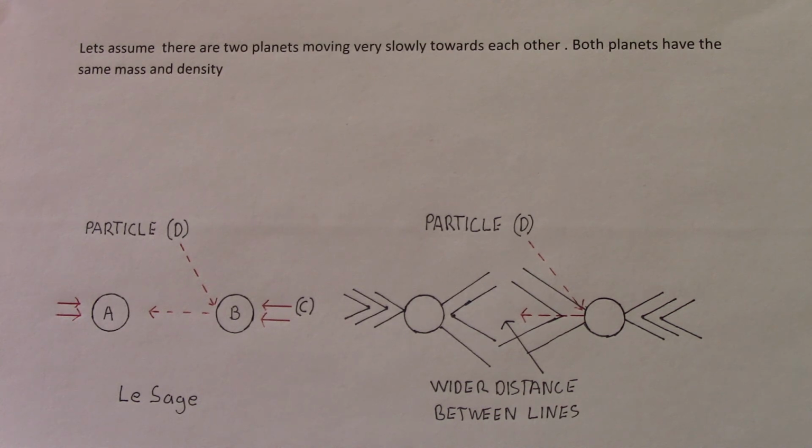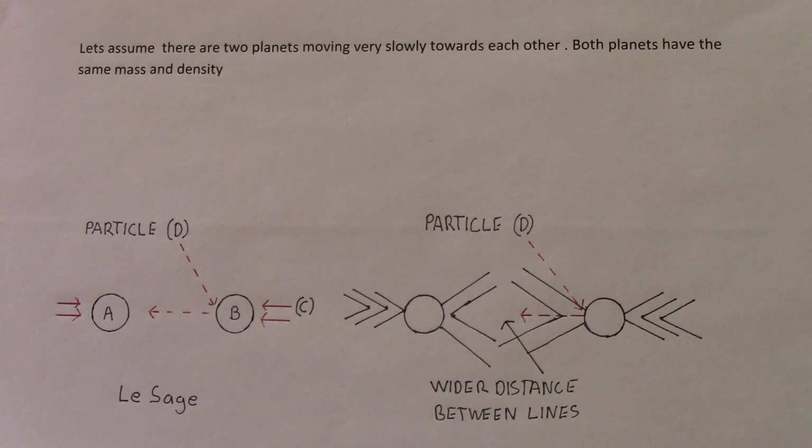Okay, so if we go back to the Lesage model, both planets are shielding each other. So therefore, there should be a reduction in particles between the planets. However, particle D, which will not normally hit planet A, is reflected by the presence of planet B, and therefore compensates for any shielding effect.